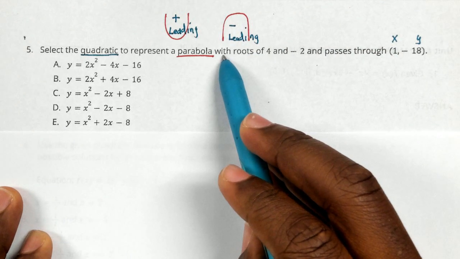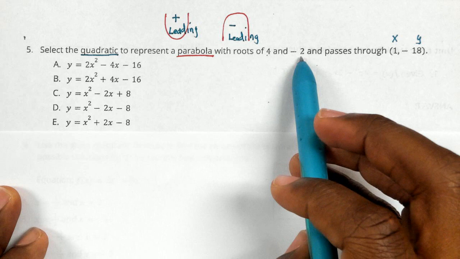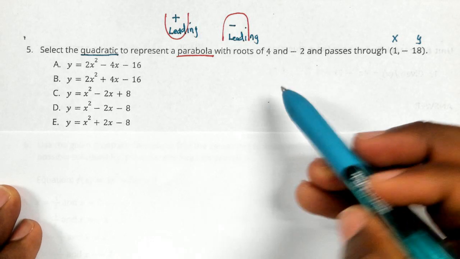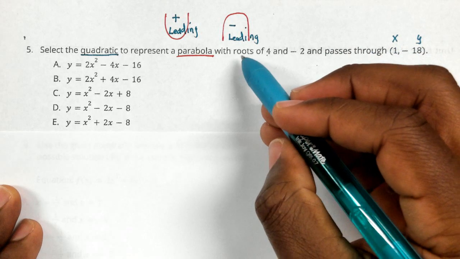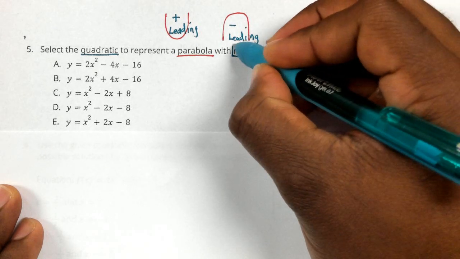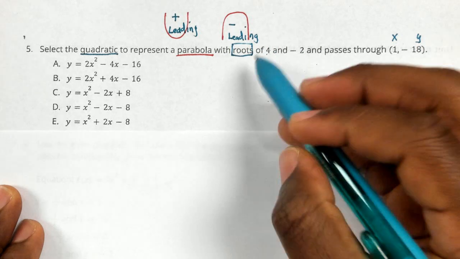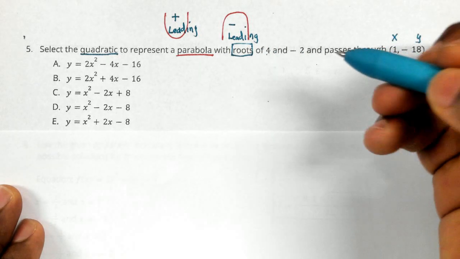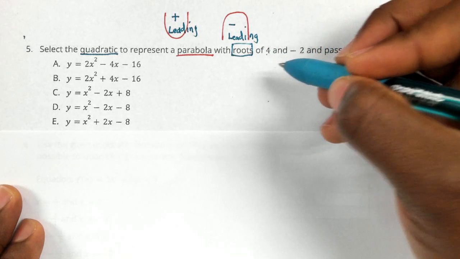So it says it has roots 4 and -2. In this case, the word roots also means something, and it's actually our most important word. The word roots means x-intercepts or x values.